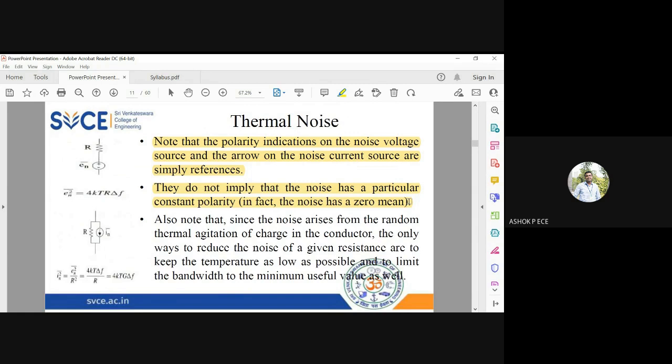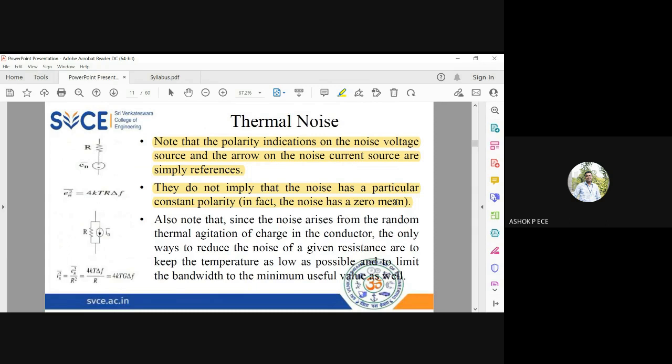And the very important thing: noise will have a zero mean. So if you add all the values of noise available to you and divide by the total number of samples you have taken, you will get the answer to be zero. Which means the noise has a zero mean. When you compute the mean, you should not take magnitude, you should take positive as well as negative.